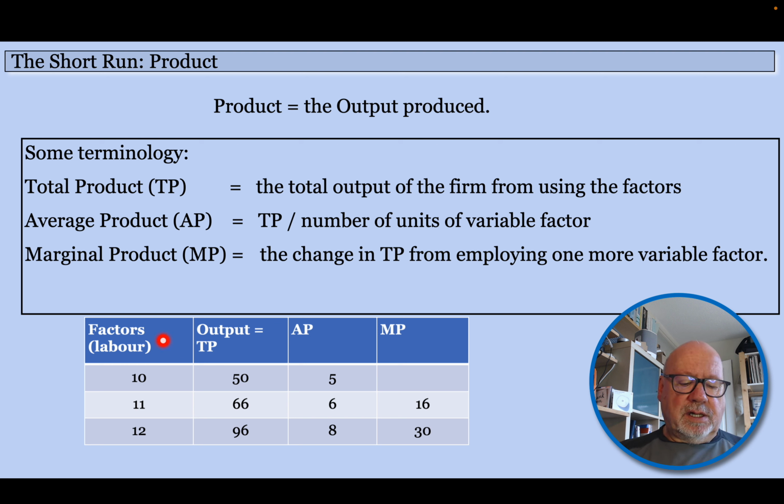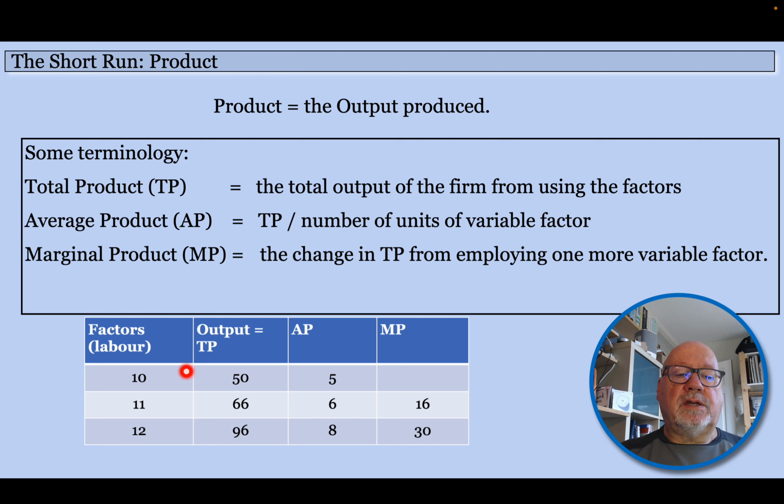And this is a table which we'll expand later, but what you say is that here are your factors that are labour, those are the variable factors, they go up. So with the 10th worker, so you have 10 workers in your business, those workers are giving you a total output of 50. So the average is the total divided by the number of variable factors.